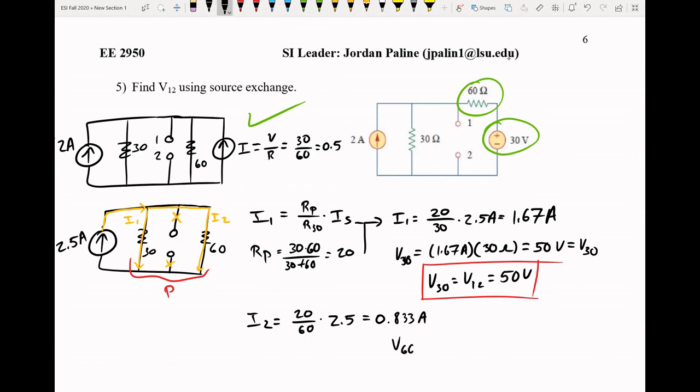Therefore, V of 60 would be equal to 0.833 amps times 60, which would also give you 50 volts, which is also equal to V12. So just some useful ways for you to use source exchange.